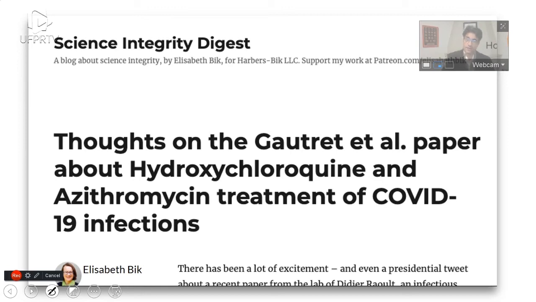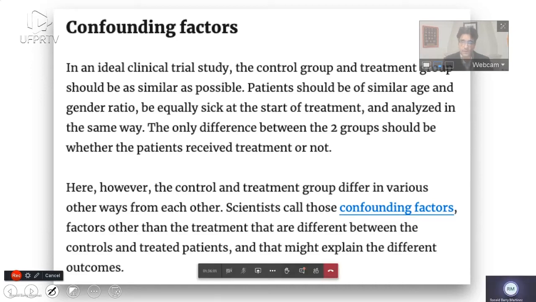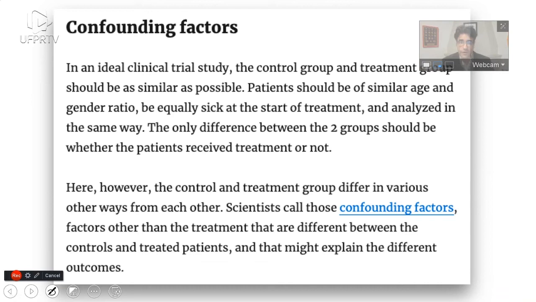And she points out some very interesting things. She points out, for example, that there are a number of confounding factors that could affect the so-called results. She says that in an ideal clinical trial, the control group and the treatment group should be as similar as possible.